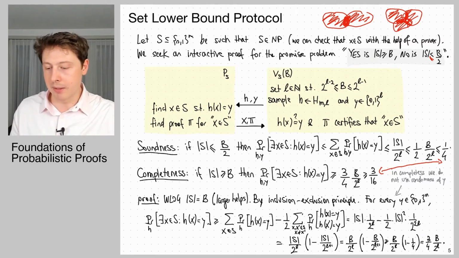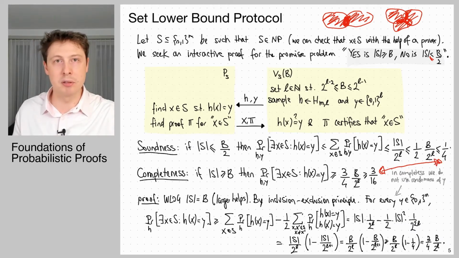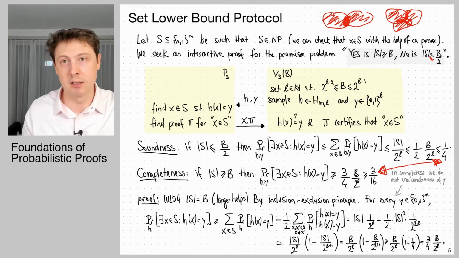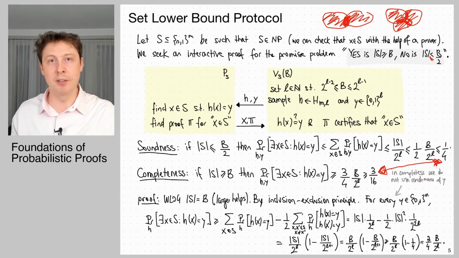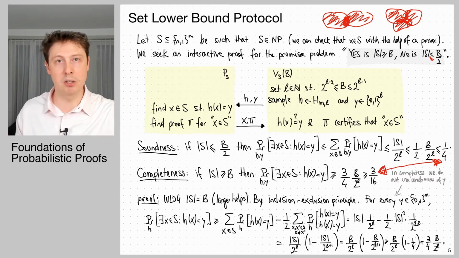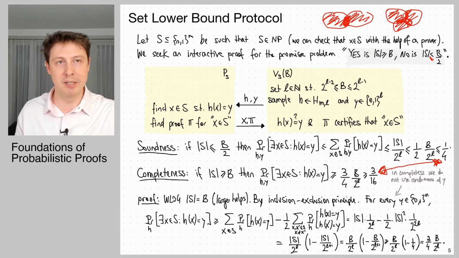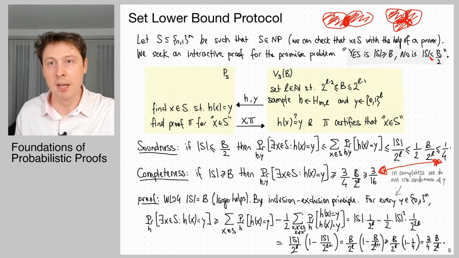By concentration bounds, if you conduct many protocols, they will be concentrated around 3/16 in the good case, and in the bad case, around 1/4. So you can just take a majority. And you can prove that if you decide by majority across all the repetitions, then the gap grows exponentially fast relative to the number of repetitions.